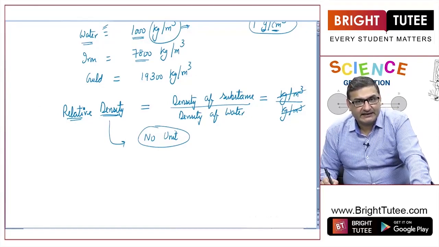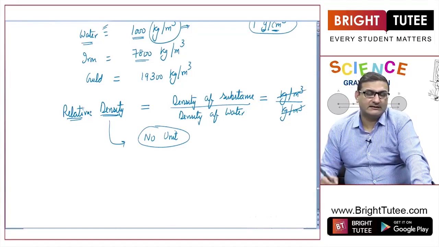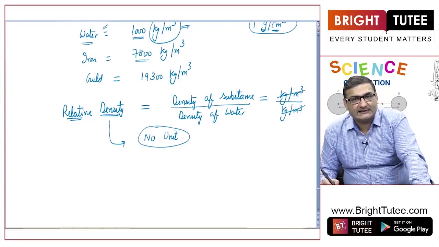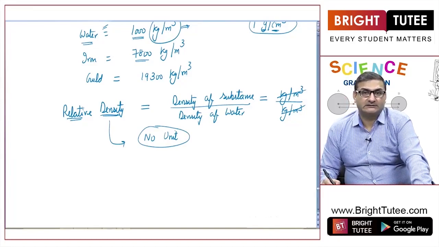If any substance is immersed in water which is denser than water, that means if the density of the substance is greater than the density of water, then it is a heavier object and it will sink in water.